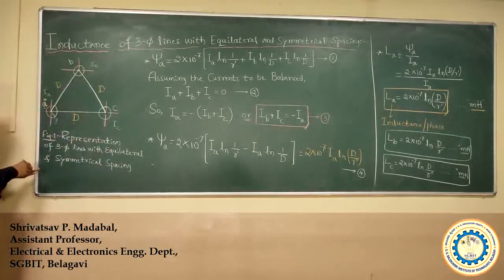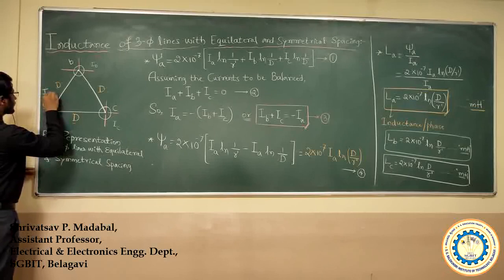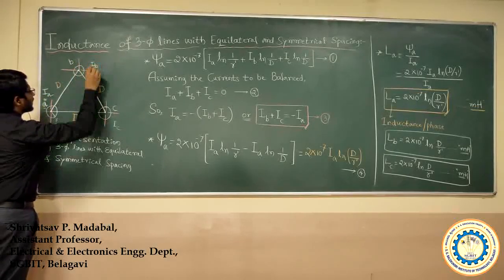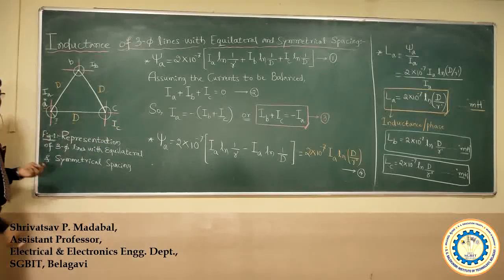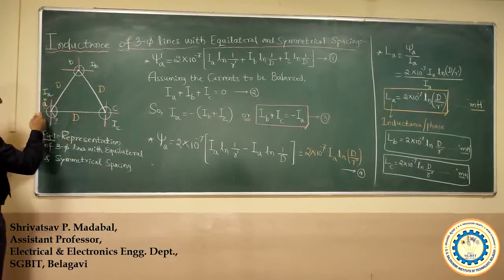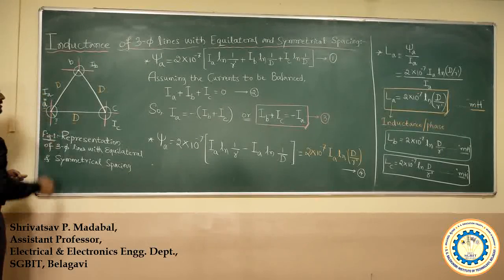So taking these currents, that is IA across conductor A, IB across conductor B, and IC across conductor C, let us try to find out the flux linking because of these three currents across these three conductors with respect to conductor A.